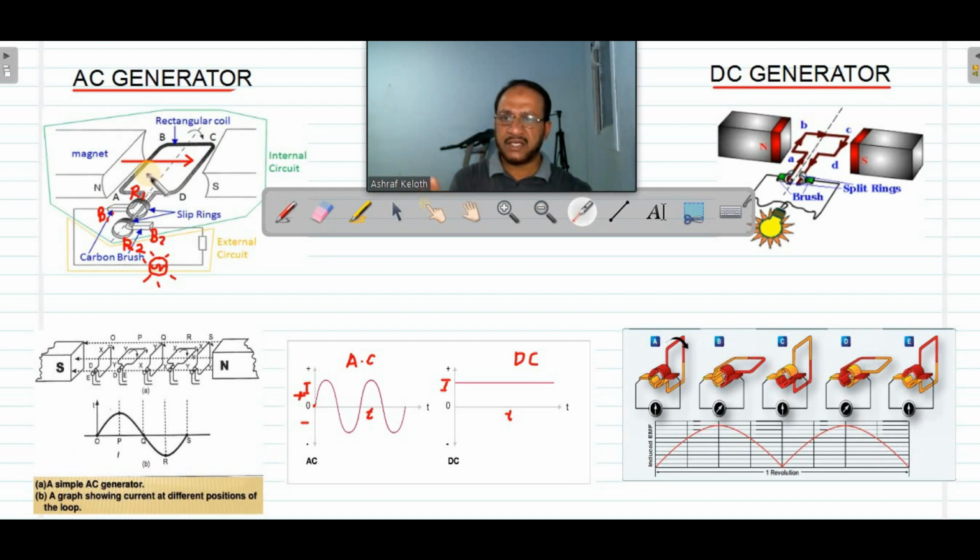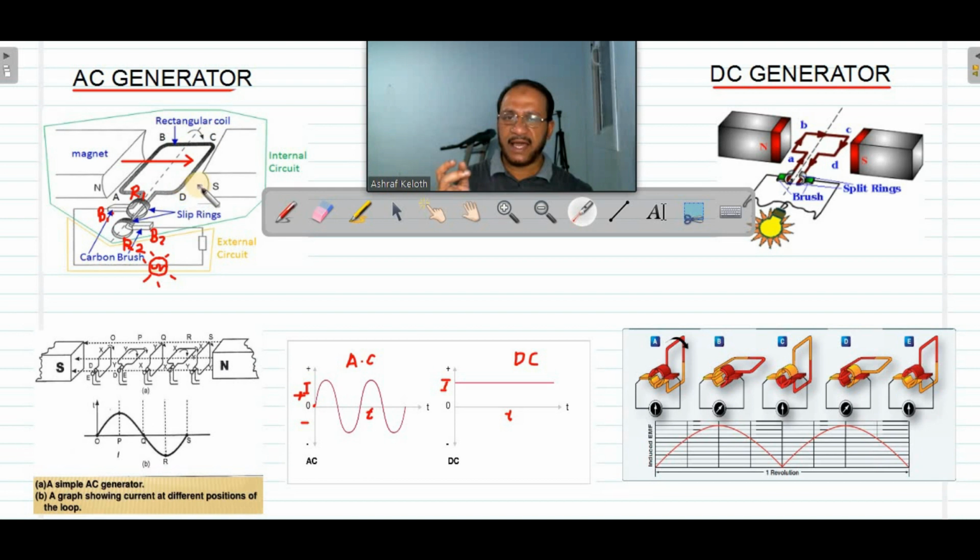To create a change in the magnetic field, we have to rotate the ABCD coil. For rotating the rectangular coil ABCD, we use this axle. When the axle is rotated by using some mechanical energy, the coil ABCD rotates between two magnets. That will create a change in magnetic field. Because of that change in magnetic field, it will induce a current in the coil ABCD.